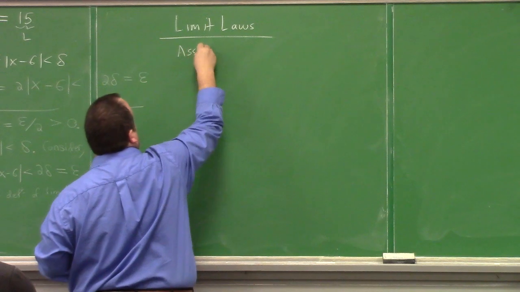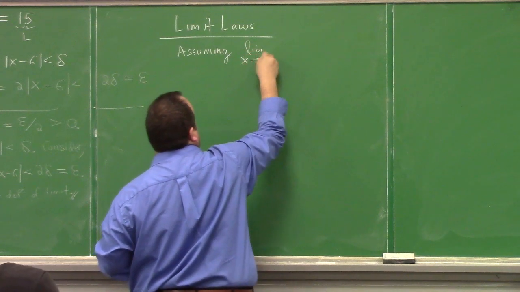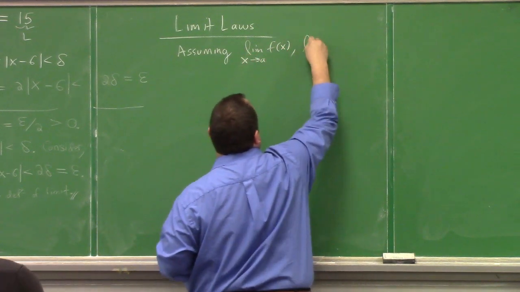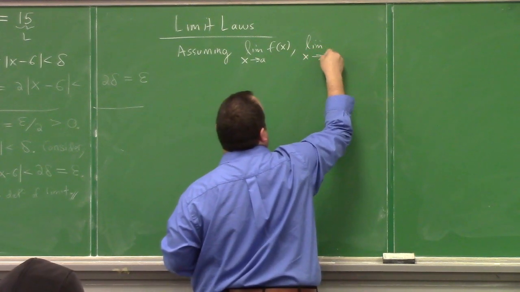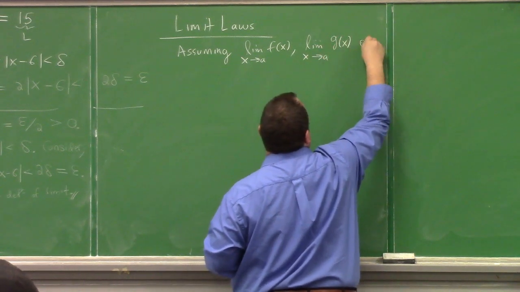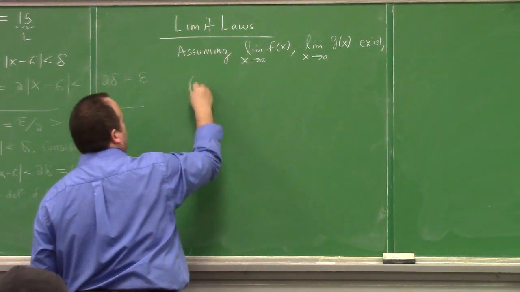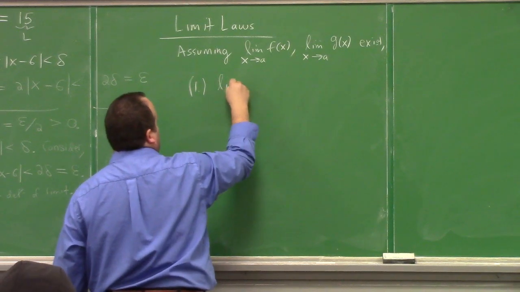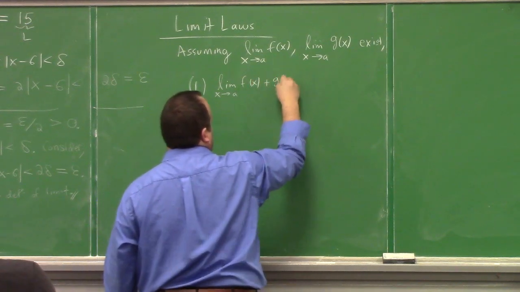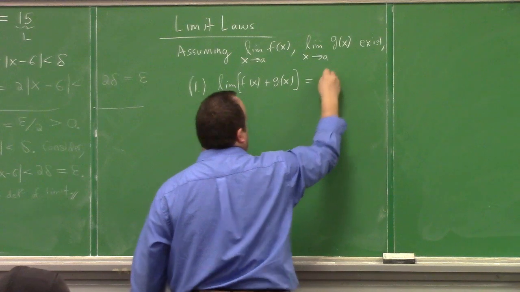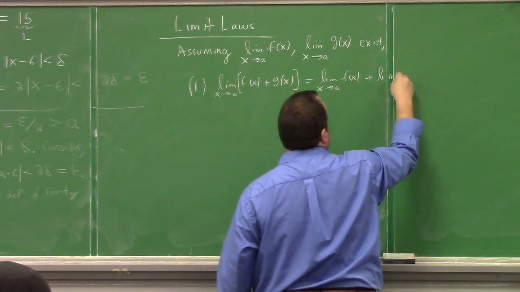So assuming the limit as x goes to a of f of x and the limit as x goes to a of g of x exist, number one: the limit as x goes to a of f of x plus g of x is equal to the limit as x goes to a of f of x plus the limit as x goes to a of g of x.